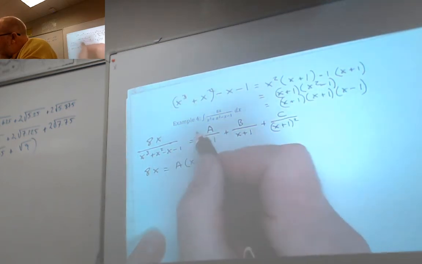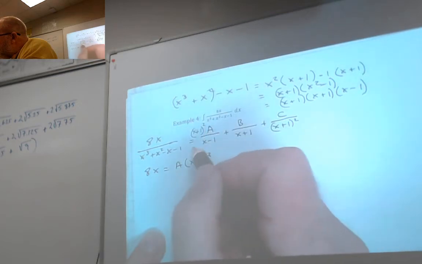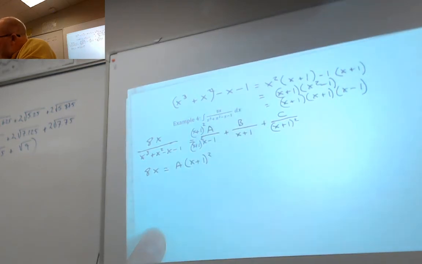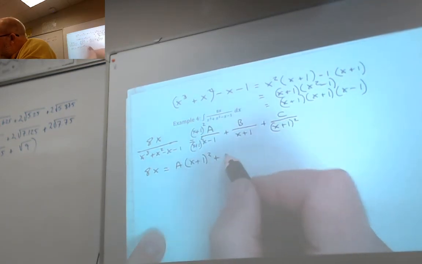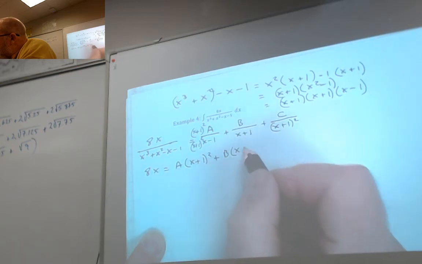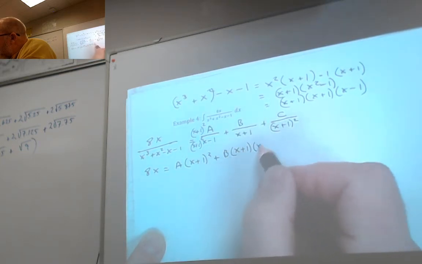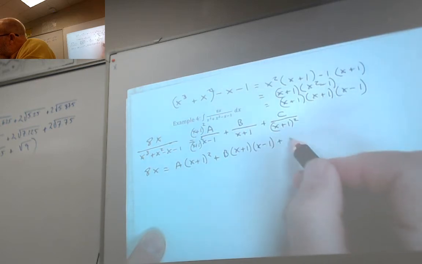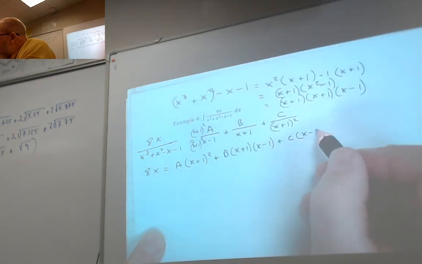Because that's what I would have to multiply here. This one is going to be plus b times x plus 1, x minus 1. Does that make sense? Plus c times x minus 1.